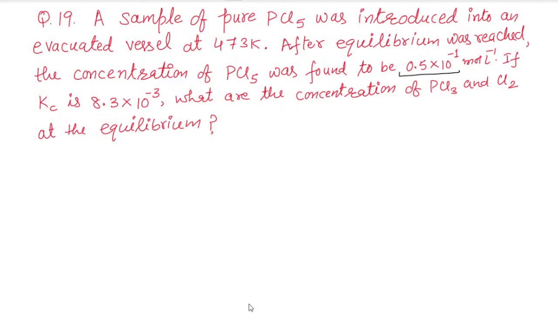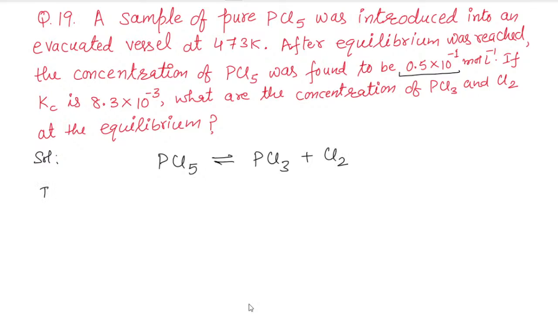So initially, we have a reaction of PCl5 that will give PCl3 and Cl2. PCl5 was introduced into the evacuated vessel, and this PCl5 is in equilibrium with PCl3 and Cl2, right?